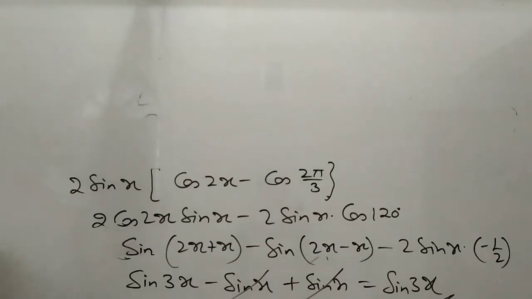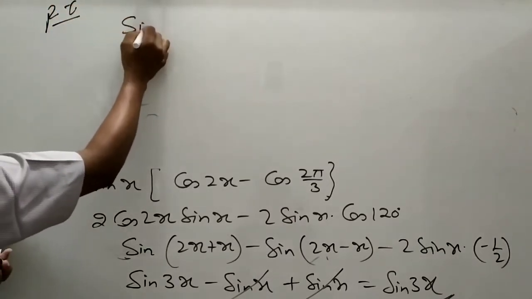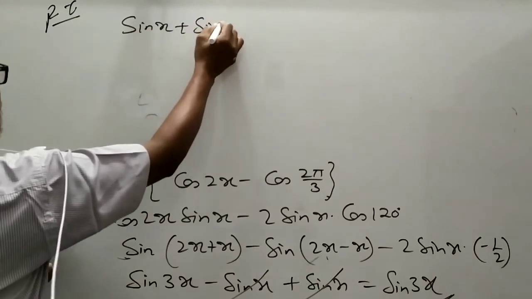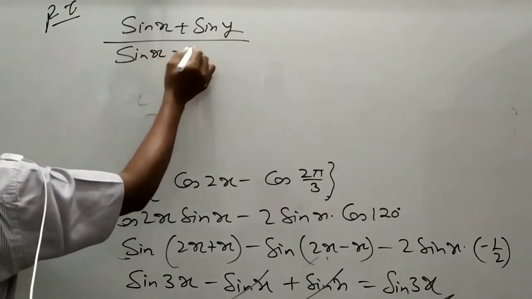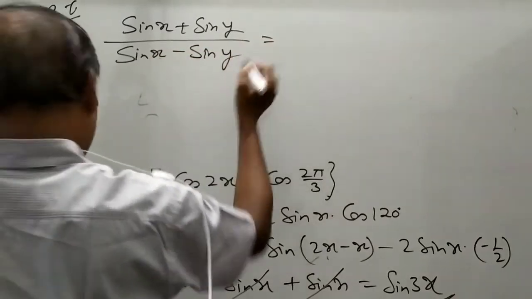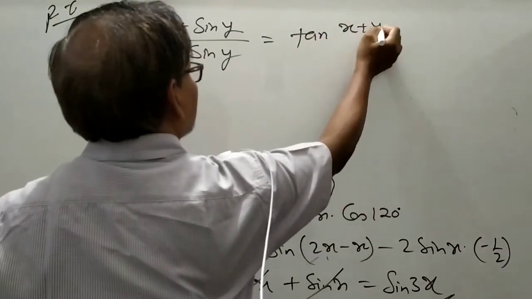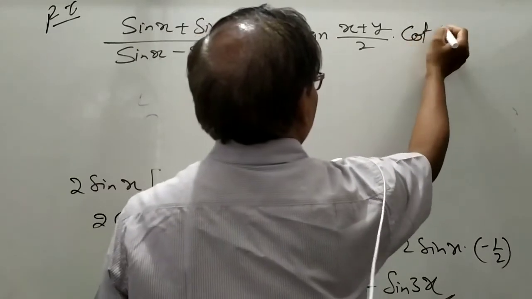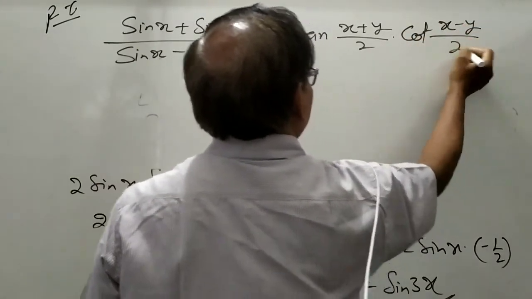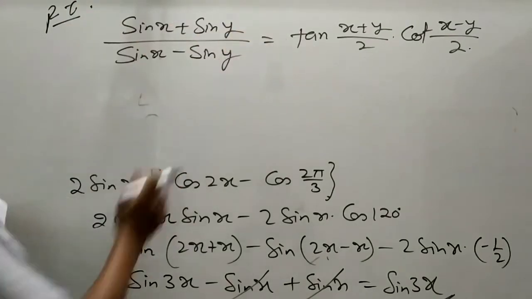sin x plus sin y upon sin x minus sin y. Prove that (sin x plus sin y) upon (sin x minus sin y) is equal to tan (x plus y) by 2 into cot (x minus y) by 2, and then show that this is equal to that.